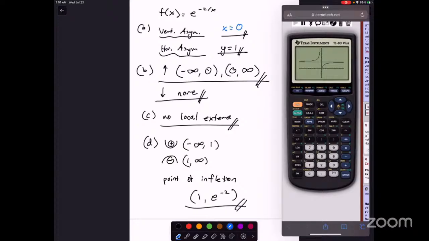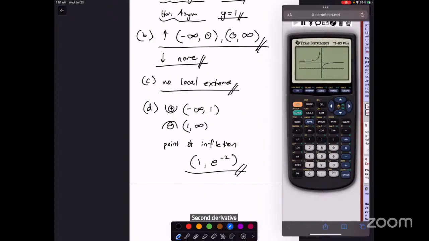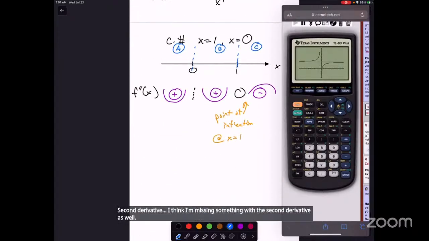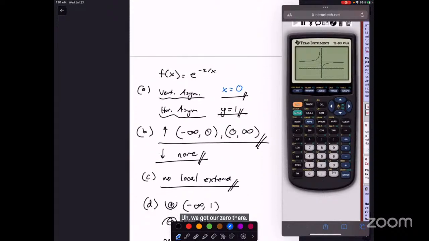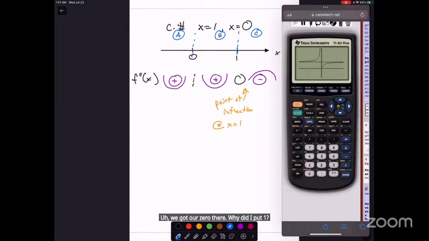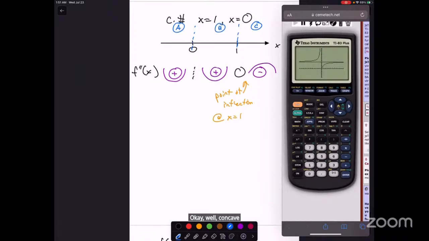Second derivative. I think I'm missing something with second derivative as well. We got our 0 there. Why did I put 1? Concave up, concave down. Because there is like a little gap. 0 to 1.